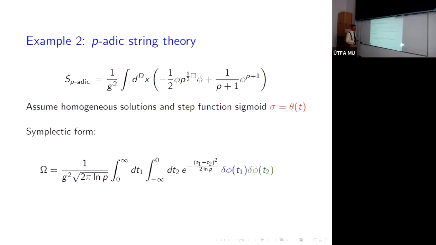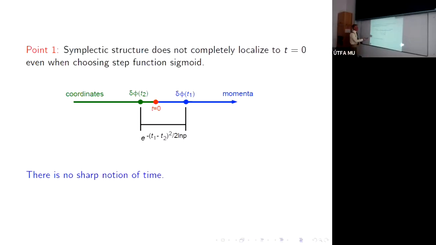Instead, we have two integrals with delta phi's and then some Gaussian in their separation. So one can visualize that as if we have time equals 0, and in the future, these delta phi's represent differentials of the momenta, and in the past, they represent differentials of the coordinates. And these objects are somehow conjugate to each other to a degree which is suppressed by a Gaussian of their separation.